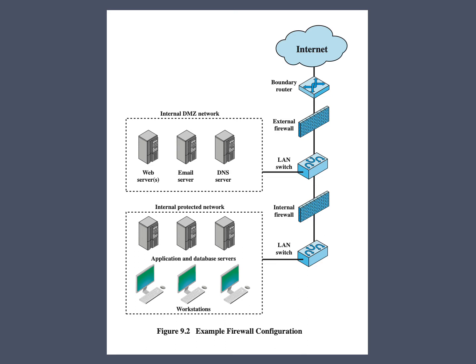This is your web server, email server, and the DNS server. The resources on this network, known as a demilitarized zone, are always accessible to any user from the outside. And we have resources here, which could be a database server that you don't want any unauthorized access to, so that has to be placed behind the firewall.